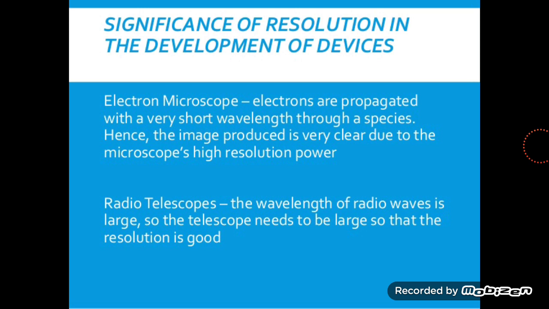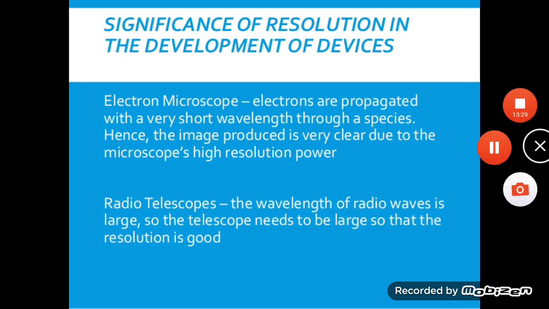Hence, the image produced is very clear due to the microscope's high resolving power. In case of a radio telescope, the wavelength of radio waves is large, so the telescope needs to be large so that the resolution is good.